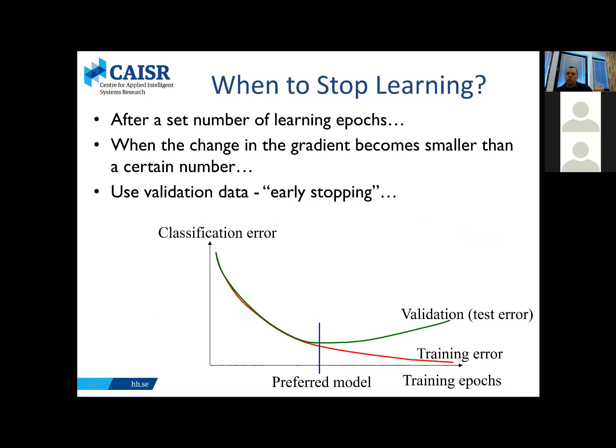And here is also one interesting example of how you can think about the overfitting problem, because neural networks are different from both decision trees and SVMs because they are examples of online learning.